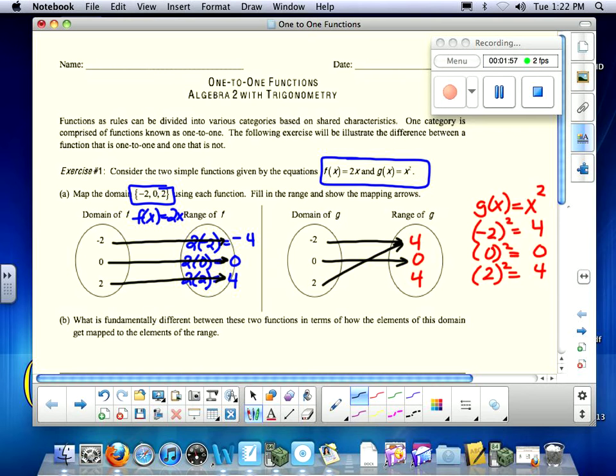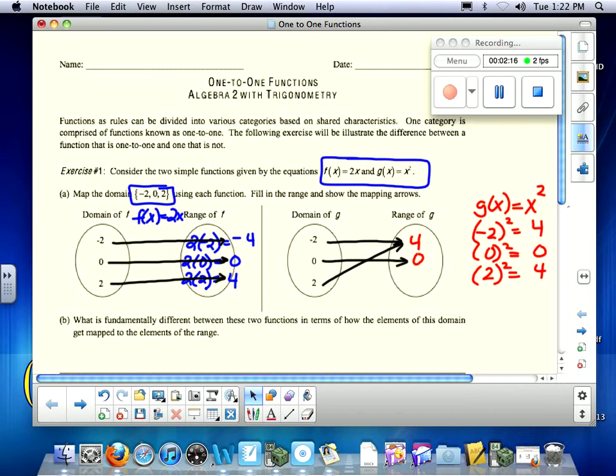I didn't have to write the 4 twice. Okay, so in our mapping, we're just drawing the arrows. Will you please look at what I did? Because I'd like you to change your notes so it's reflective of that. Okay?